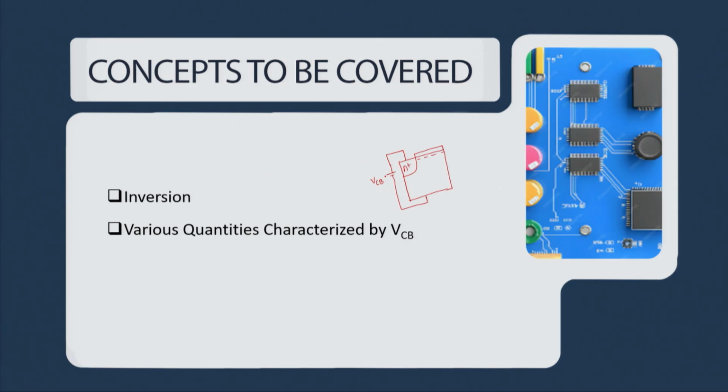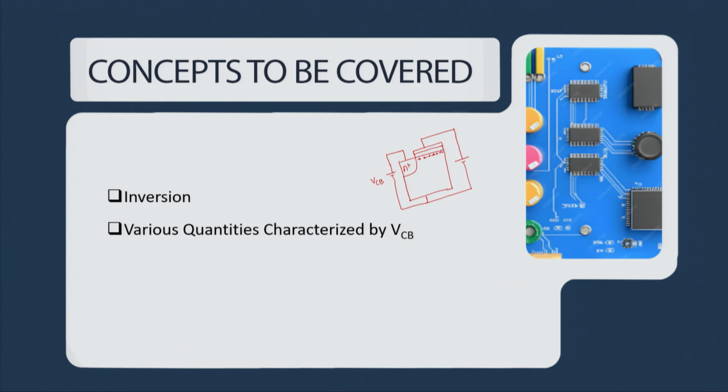So, in the basic 2-terminal structure, we have added another terminal, and we said that this VCB plays an important role when the inversion electrons come at the surface.